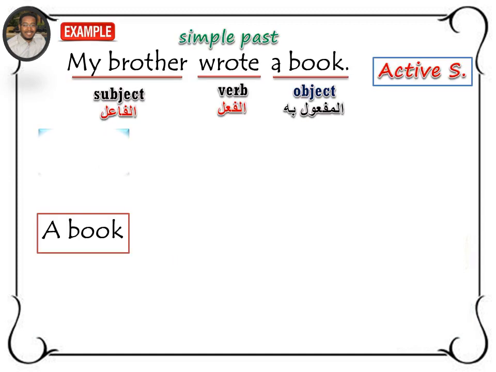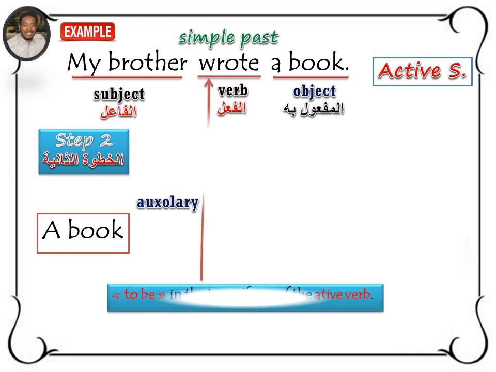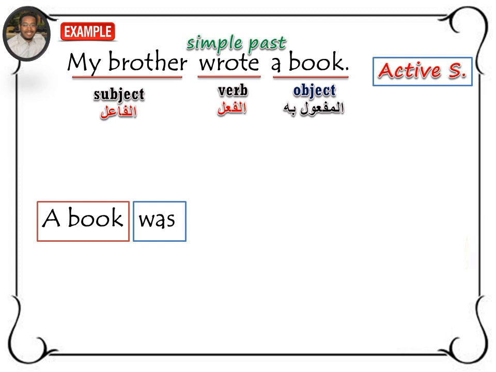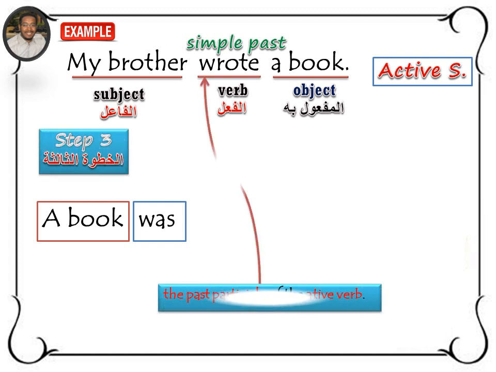In step 2, we need an auxiliary, and it is to be in the tense or form of the active verb. So here we have wrote, which is the past, right, and then to be in the past is was. In step number 3, we add the past participle of the active verb.